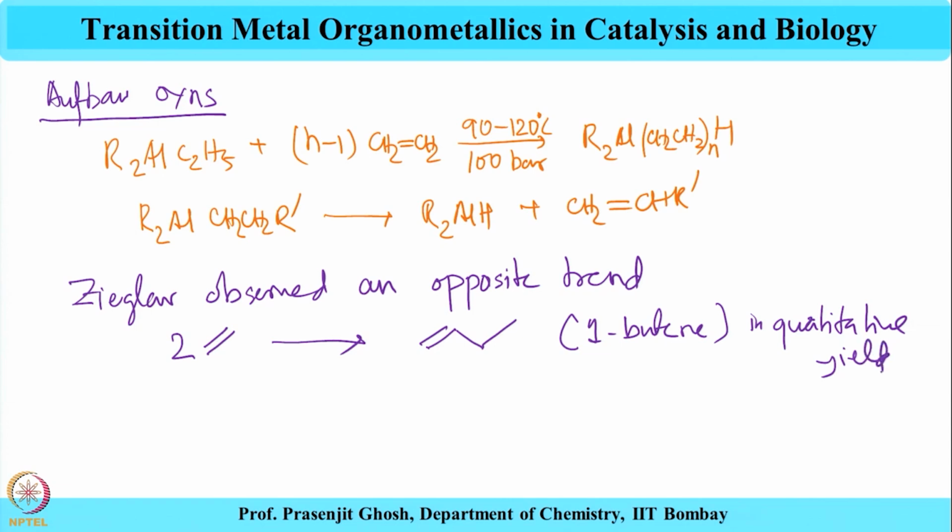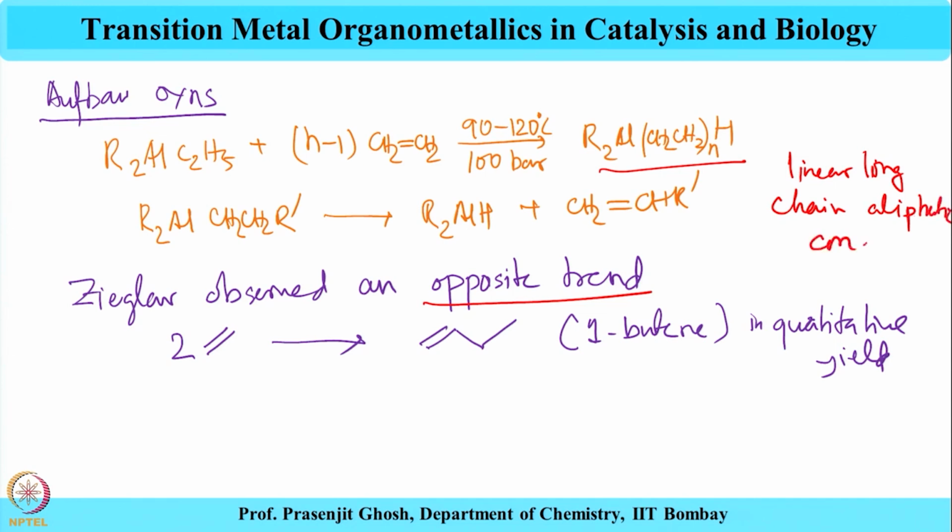And this was a very chance discovery, which sort of showed something opposite to what was expected. What was expected was long chain polymers, long chain linear aliphatic compounds.